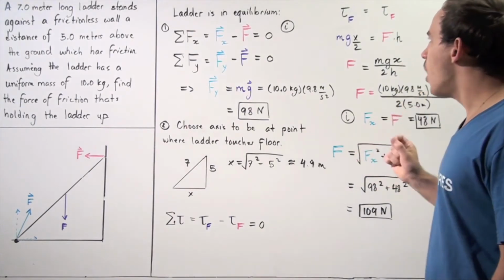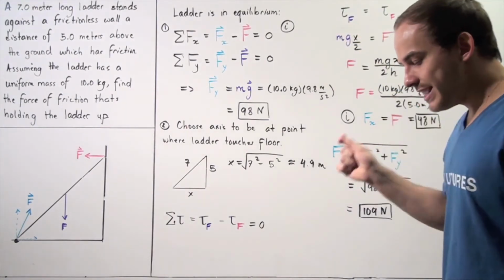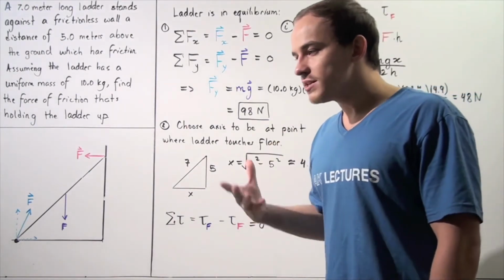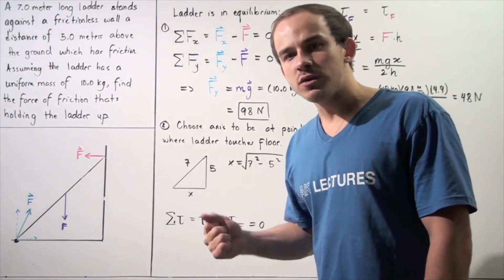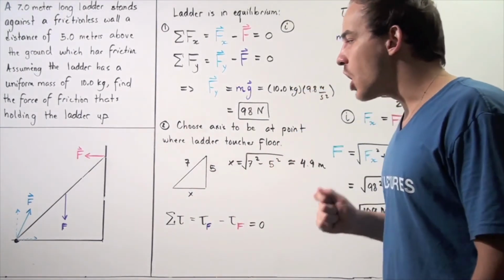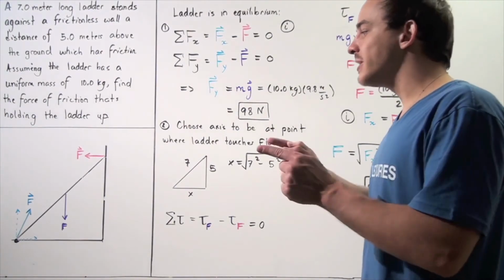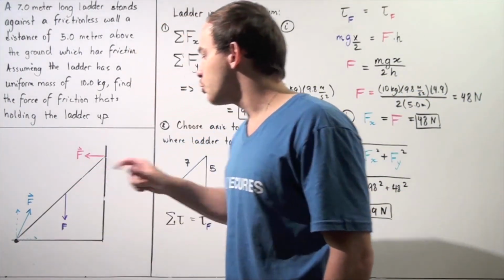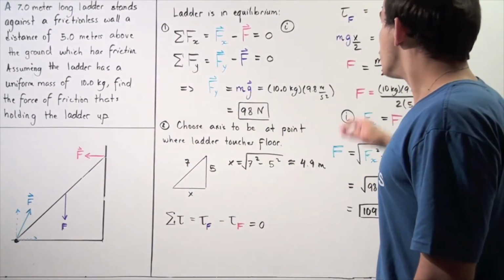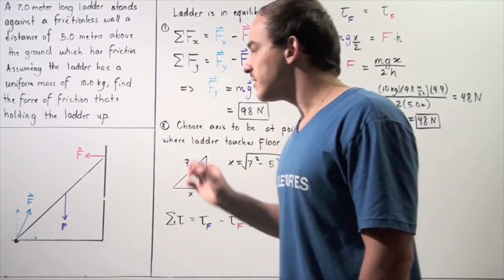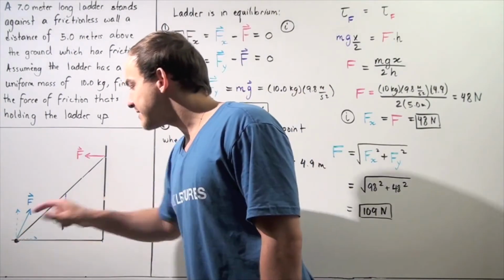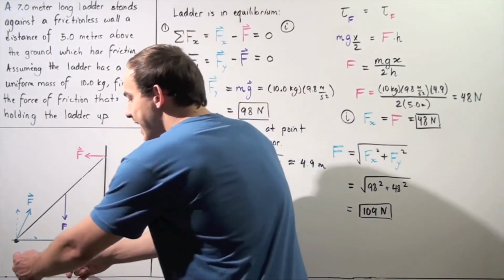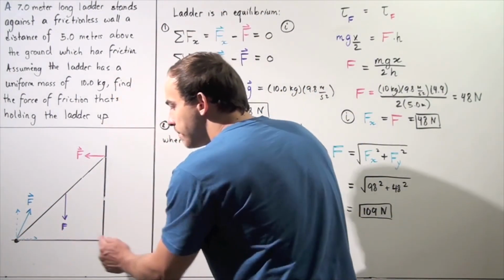And now recall that torque is simply equal to the force acting on the object multiplied by the lever arm. The distance, the perpendicular distance from the axis of rotation to where the force is acting. So notice the perpendicular distance from our axis of rotation is simply exactly half of the base.